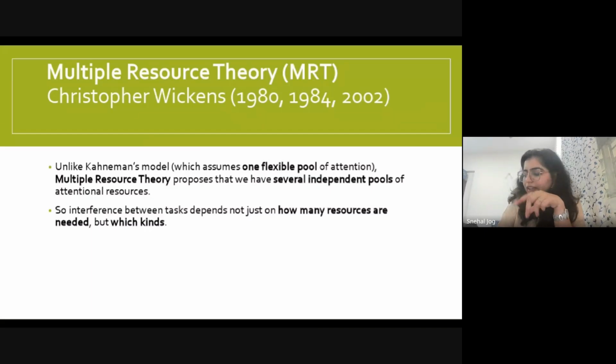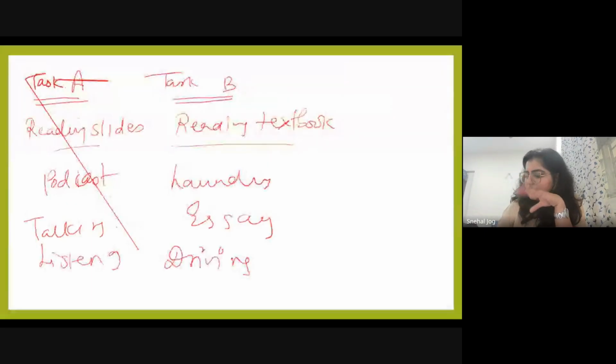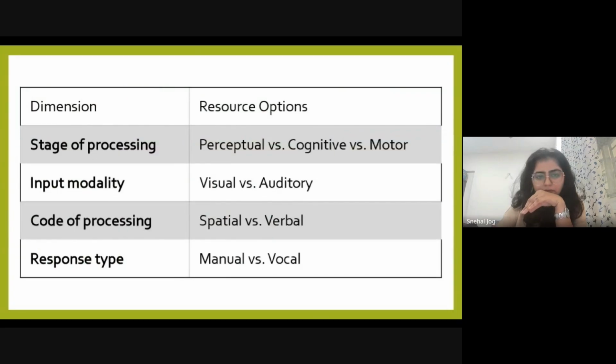Okay. So to quickly help you understand the table again, I spoke about input modality. Input modality is nothing but where the information is coming from. Okay, so is it visual? As in, are you seeing slides? Are you watching a video? Or is it auditory? Is it listening to a lecture? Are you listening to music? So tasks which use the same modality are going to interfere more.